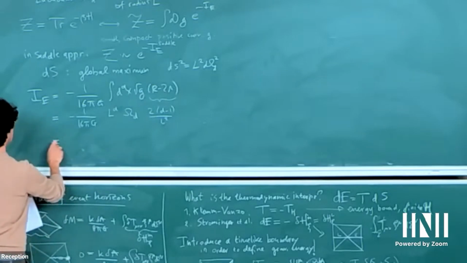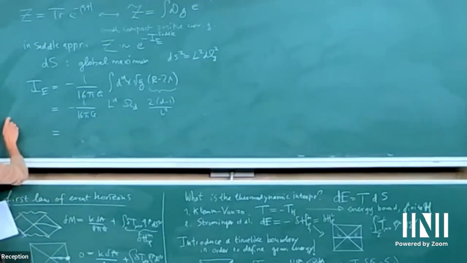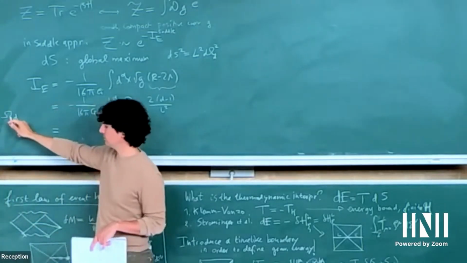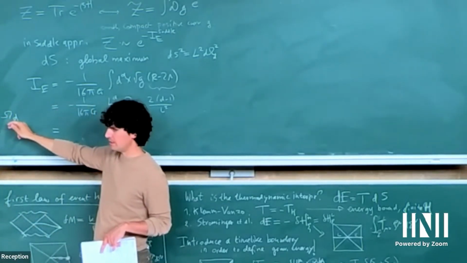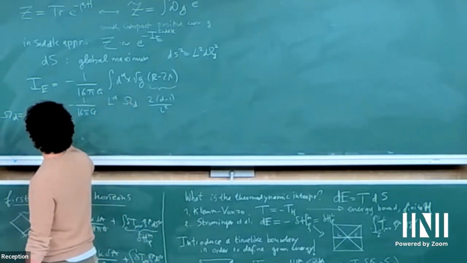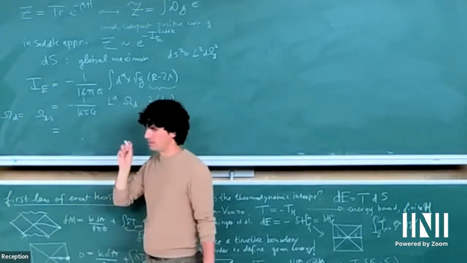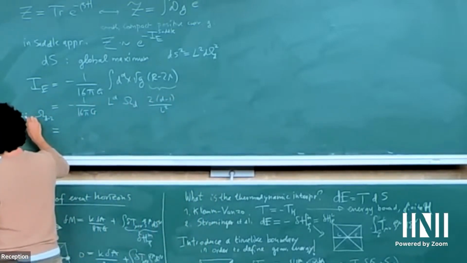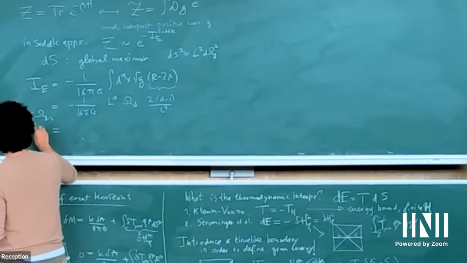Okay, now we can use a formula that relates the volume of a unit d-sphere to the volume of a unit d minus 2 sphere. There are some 2 pi and minus 1.